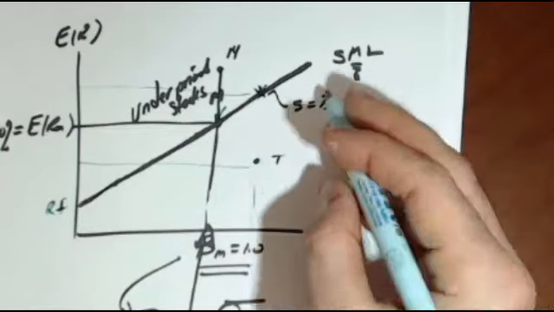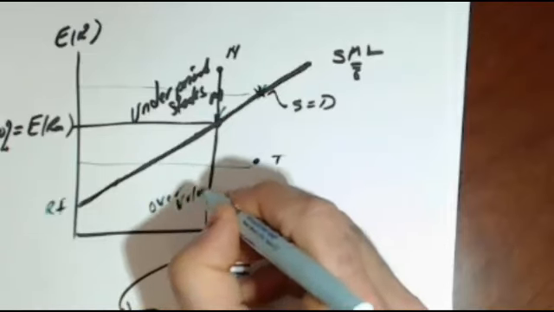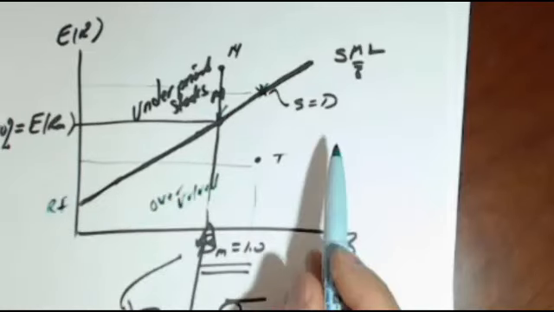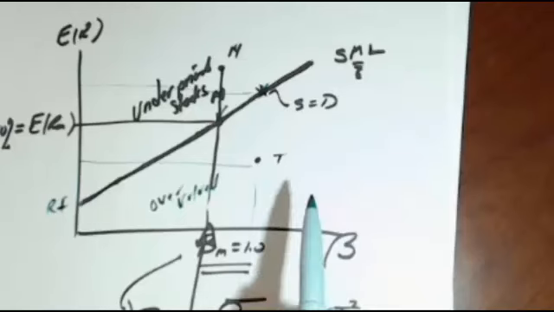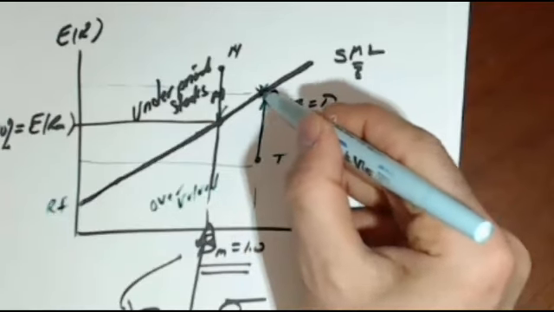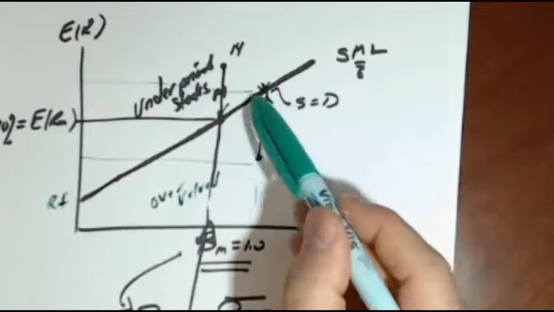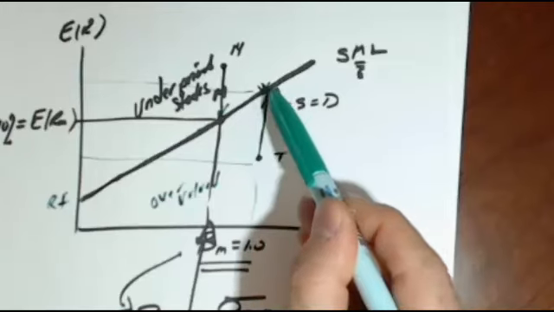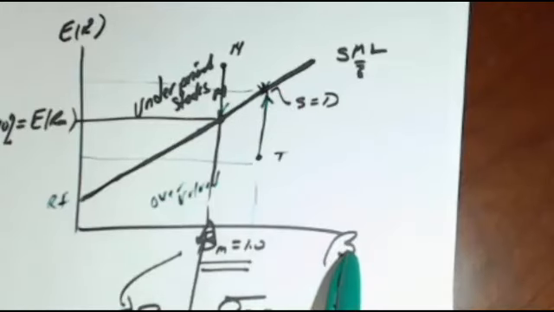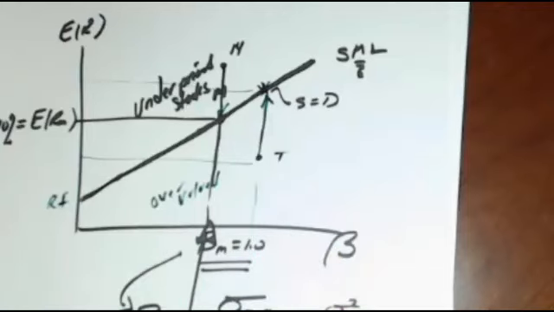When it's under the line, it's overvalued. When it's overvalued, people are going to sell it. They're going to push the price down, and the expected return will go up to the point where it coincides with the security market line. And at that point, all stocks are appropriately priced given their systemic risk, and supply equals demand. There's no tendency to change in the market.